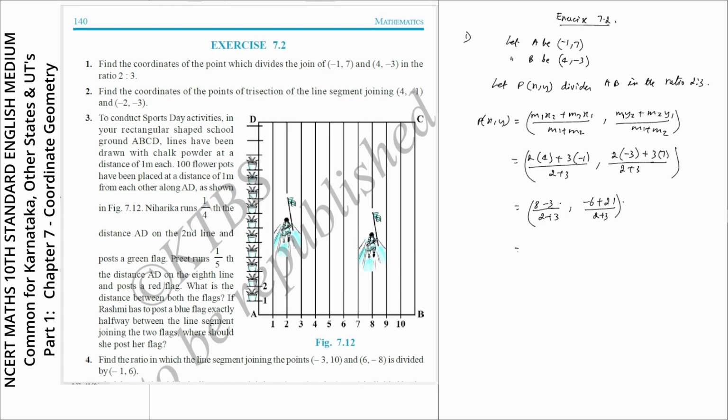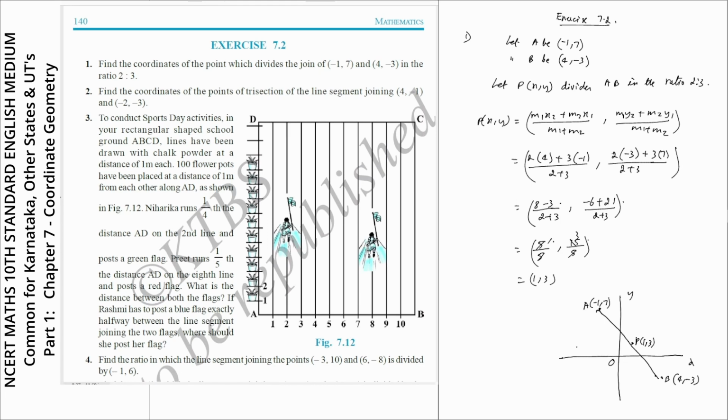So 8 minus 3 is 5 by 5. This is minus 6 plus 21 is plus 15 by 5. So 5 1s are 5, 5 3s are 15. So the coordinates of P are 1, 3.